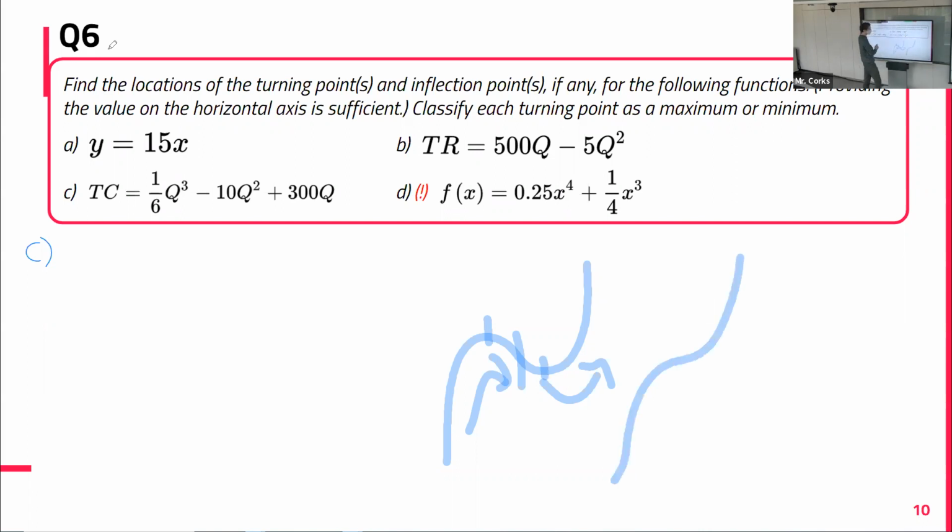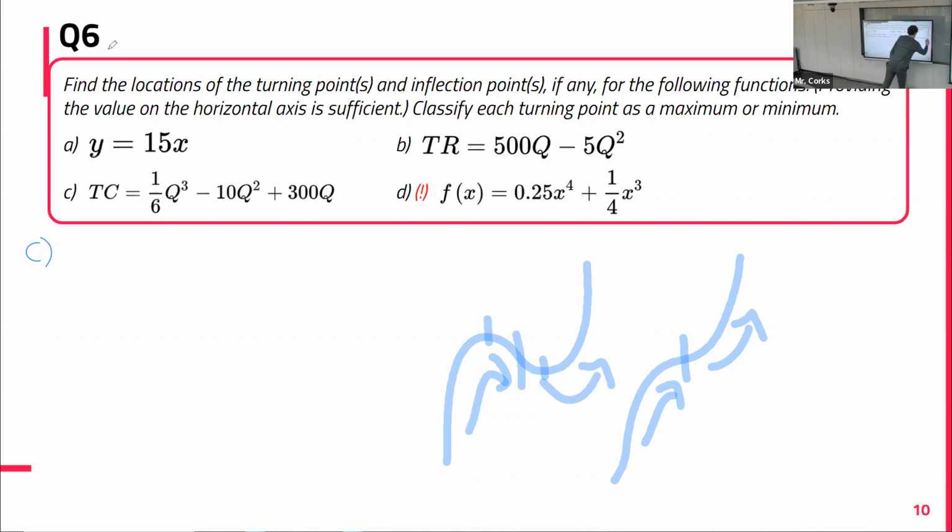With this situation, we have an inflection point here because we have this curving down to curving up. Are there turning points? In this one, no turn, or at least no nearby turning points. There would have to be another inflection point before there could be a turning point. So it is possible to have inflection points with no turning points.